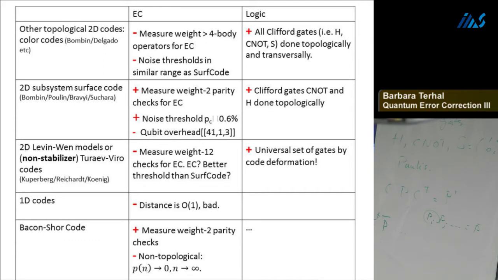There's a way of understanding this: in order to have a finite threshold, you have to be able to correct a finite density of errors. And here you're correcting not a density of errors, but a number of errors that scales less than the block size. That's a short comment about why these codes don't have an asymptotic threshold.